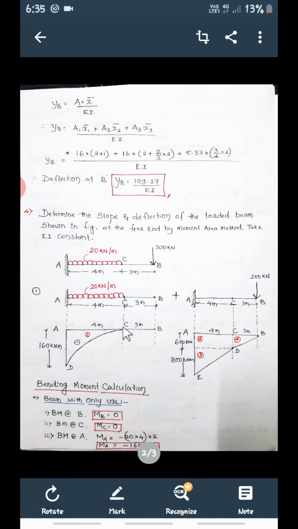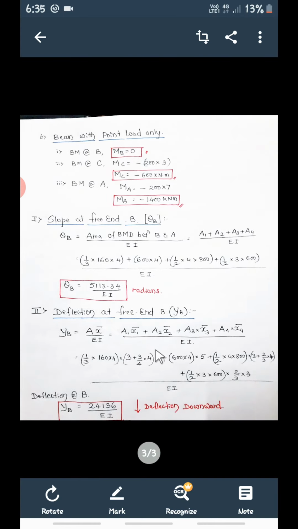So 3 plus 3/4 of 4, that will be the x1 bar. The area as calculated, 1/3 of 160 into 4, into x1 bar, which is 3 plus 3/4 of 4, plus A2 is 600 into 4, then into 5.